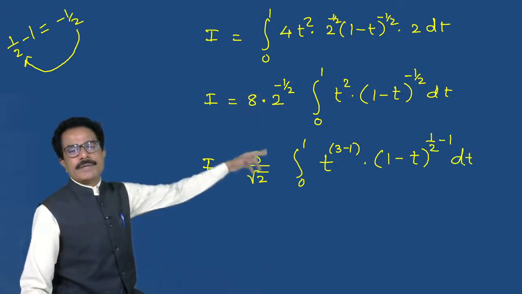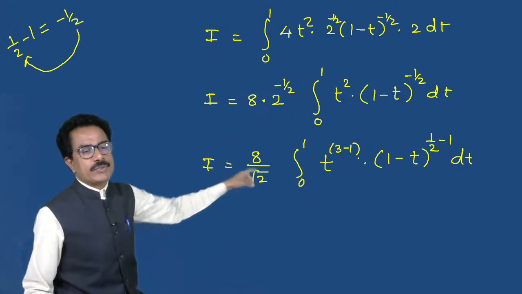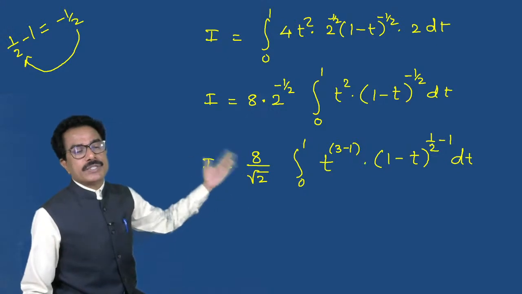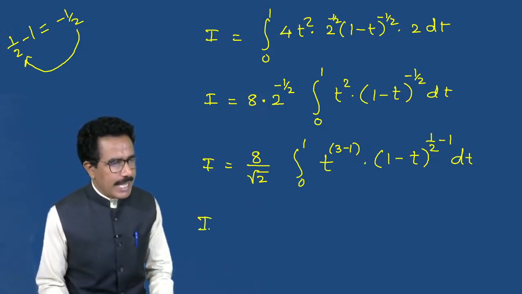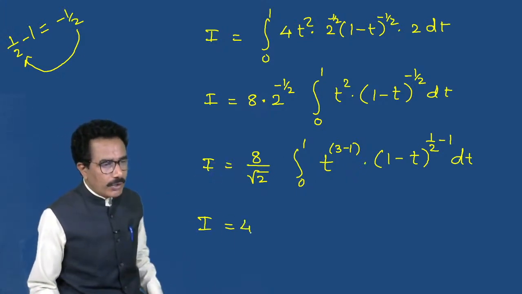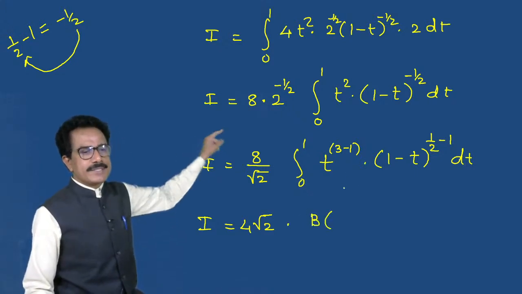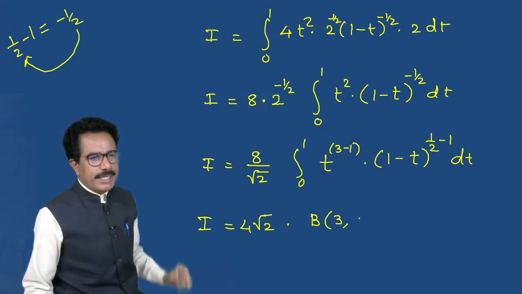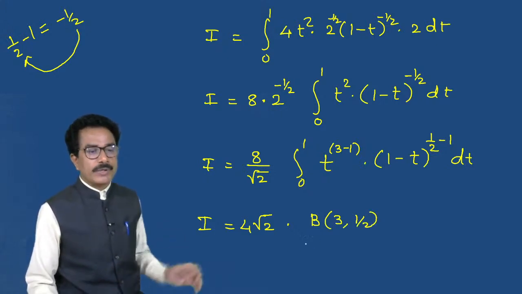Now we have to convert this into the beta function. I is like x raised to m minus 1, 1 minus x raised to n minus 1 into dx. So we can write I is equal to, now check this, rationalize it, it will be 4 root 2 into beta of m, n, where m means 3 and n means 1 by 2. Is it okay?